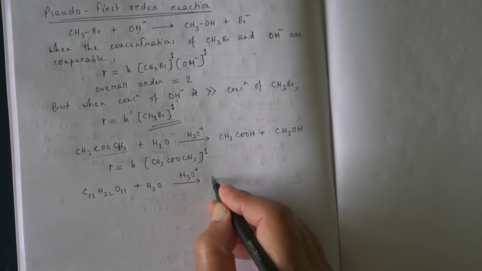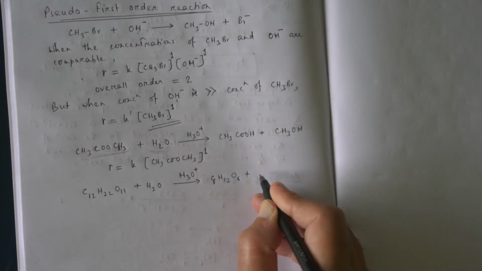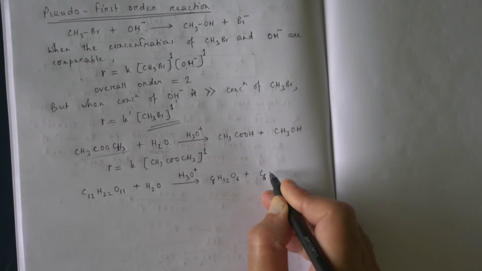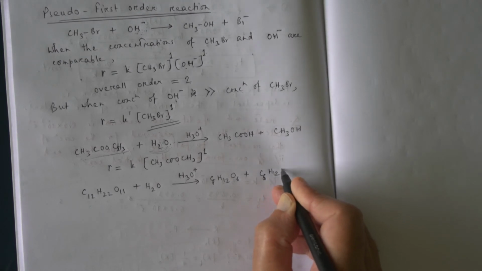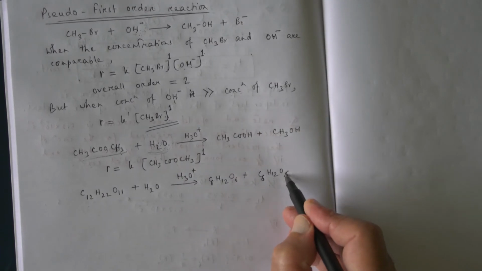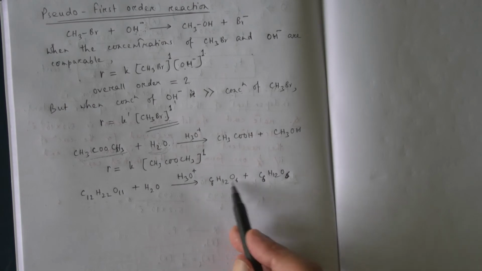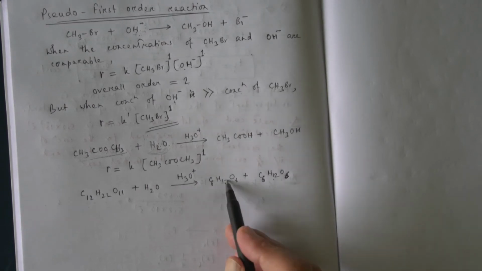So what we get? We get glucose and fructose. Glucose and fructose, molecular formula same, but structure different.